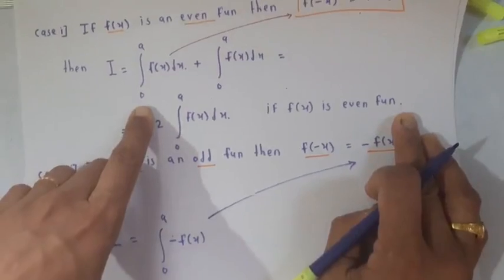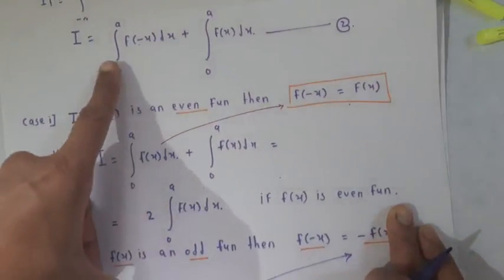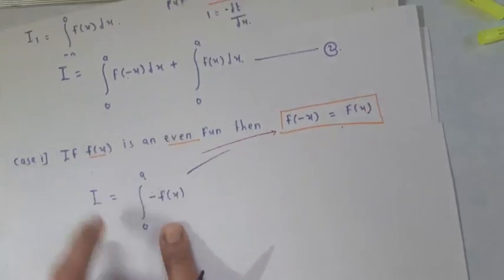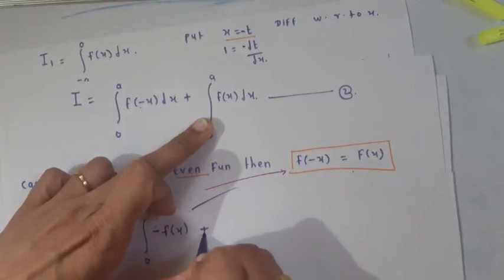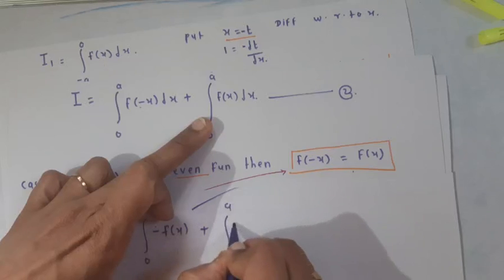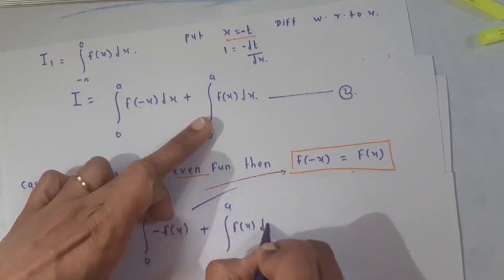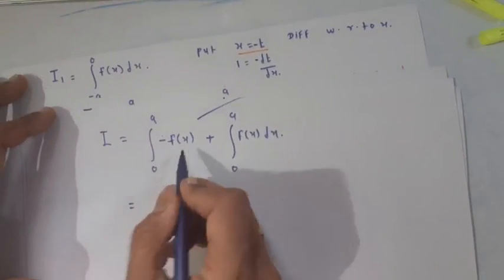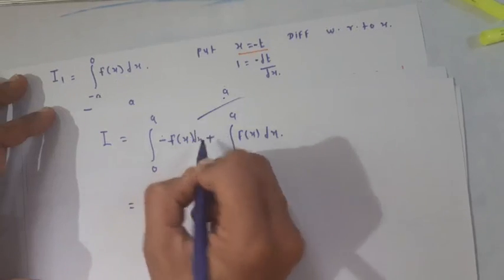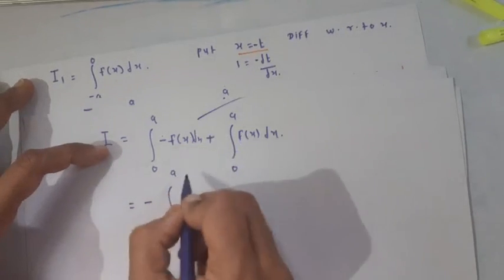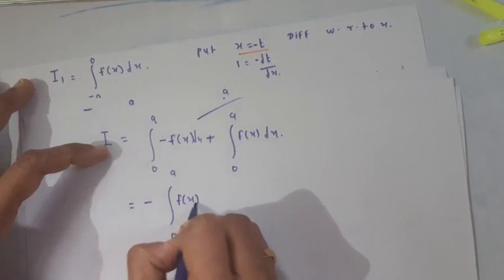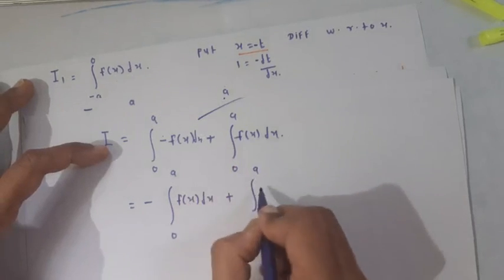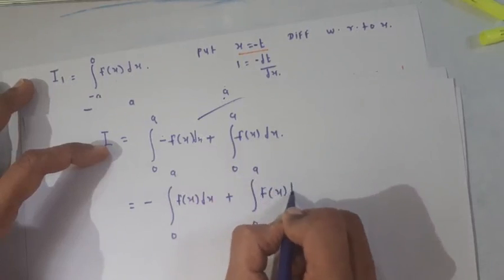Okay, and that's why f of minus x equal to minus f of x. Okay, 0 to a, and plus 0 to a f of x with respect to x, and this is equal to minus f of x with respect to x plus 0 to a f of x with respect to x.